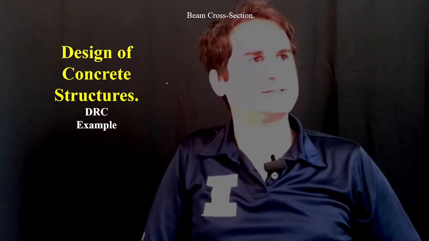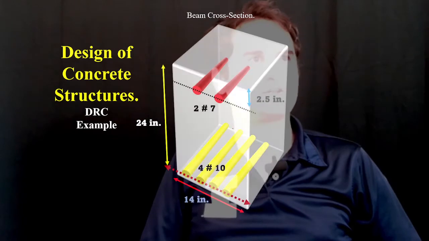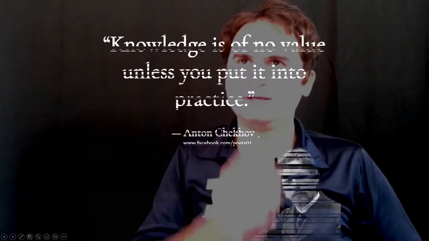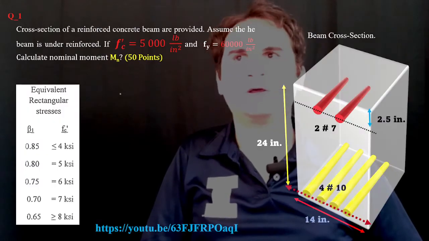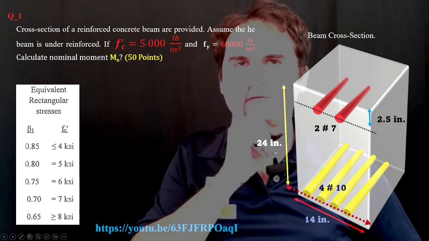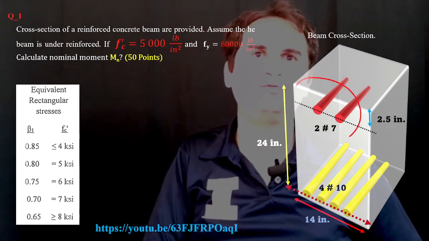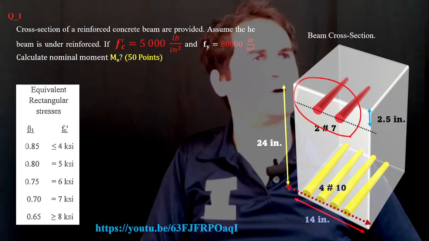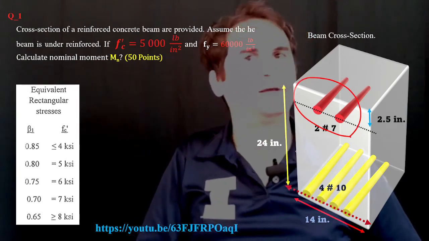Design of concrete structures. Let's solve another example in double reinforced concrete section. In this example, we have a 14 times 24 solid rectangular cross section with two compression rebars of number 7 and 4 number 10 tensile rebar.